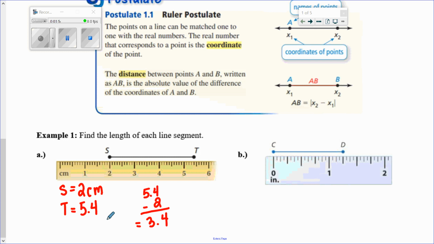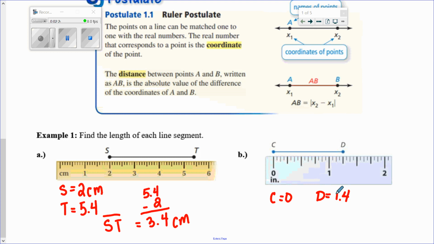Since it's a line segment, remember from the previous lesson, we have to make a line on top, no arrows, and it's going to be 3.4, and we have centimeters. So our unit, okay? Same thing over here. Point C is at 0, point D is at 1.4.